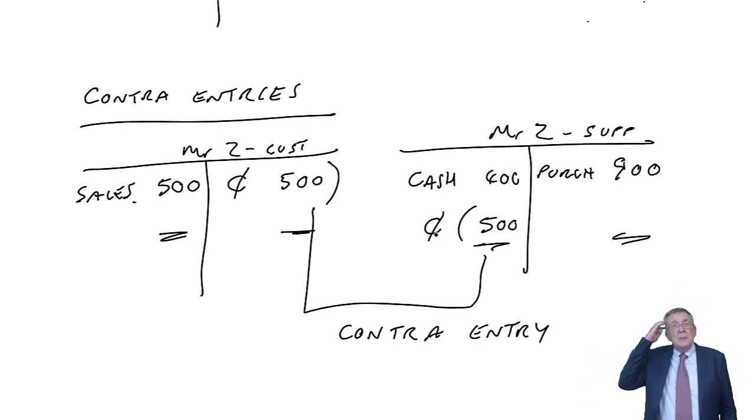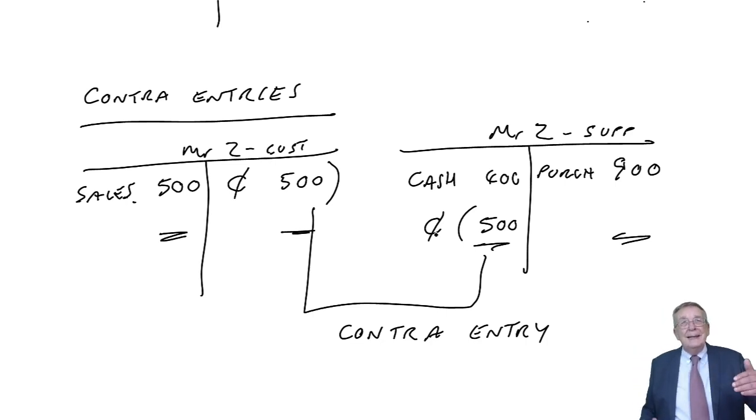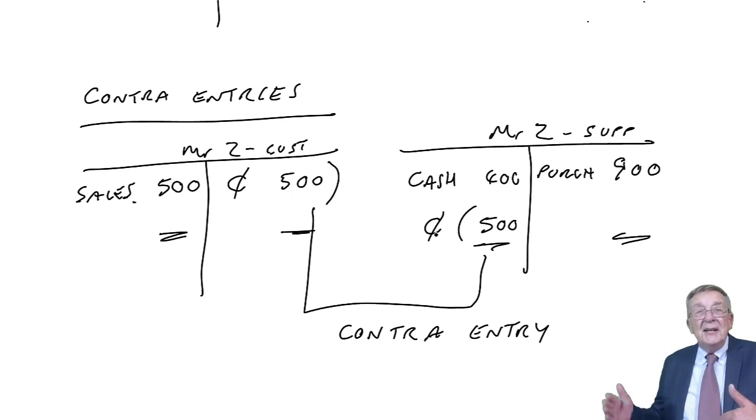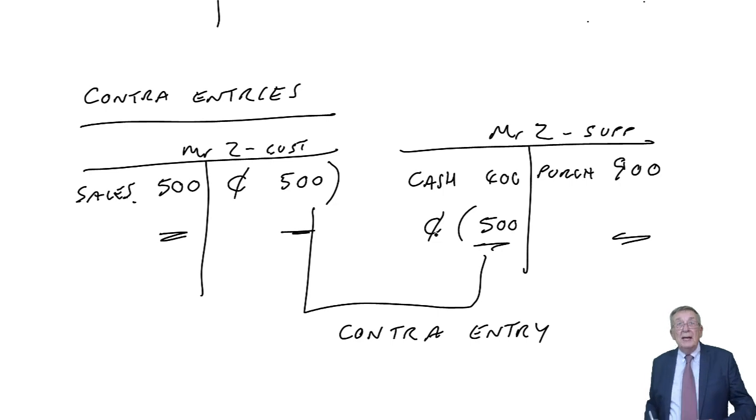Certainly when we used to do things manually. But that's not really relevant now for the Excel. But that's all it is. It's cancelling a debit against a credit, cancelling an amount owed by a customer with an amount owing to the same customer.